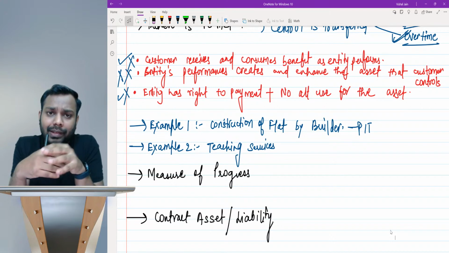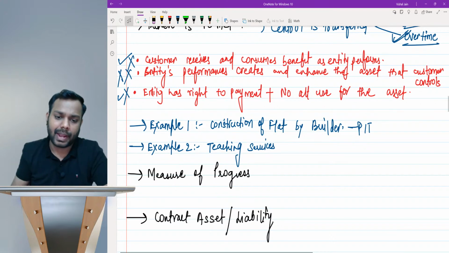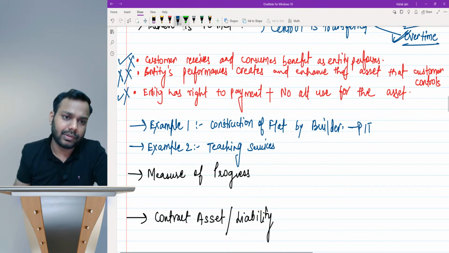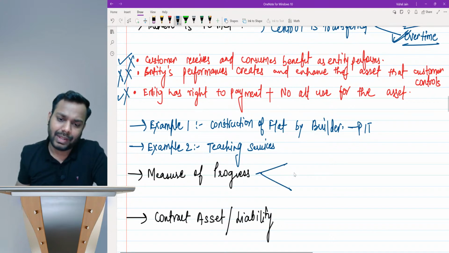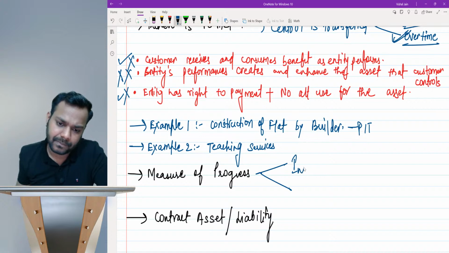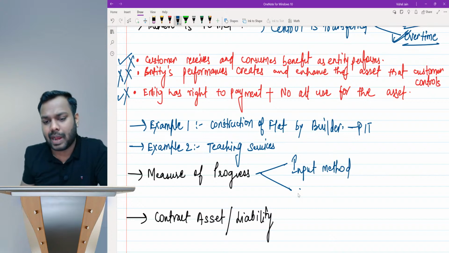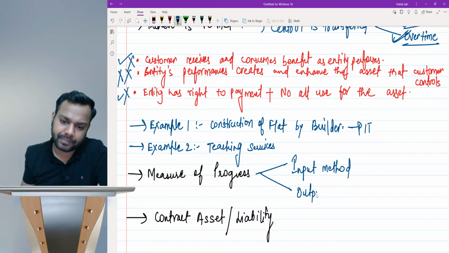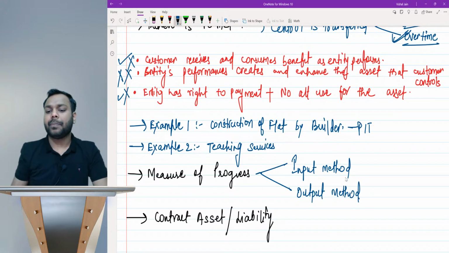So I can measure the progress by two methods. One is the input method, and another is the output method. Now what is the meaning of input method?